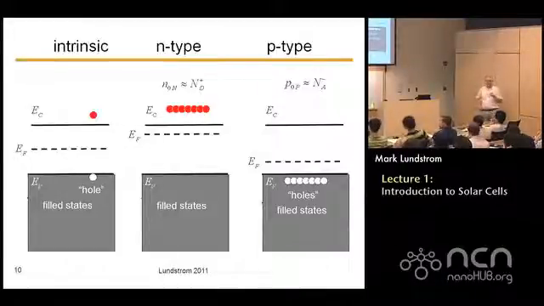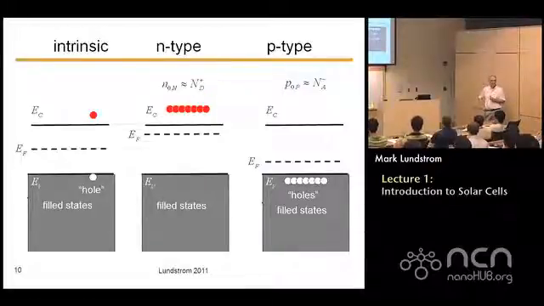So if I intentionally introduce an impurity in a semiconductor like phosphorus, which has a valence of 5, silicon has a valence of 4, then there's 1 electron left over. And it's weakly bound to the phosphorus atom. And at room temperature, we can easily break that bond.